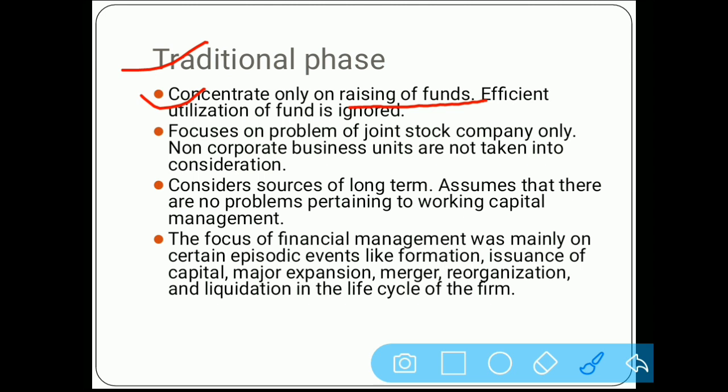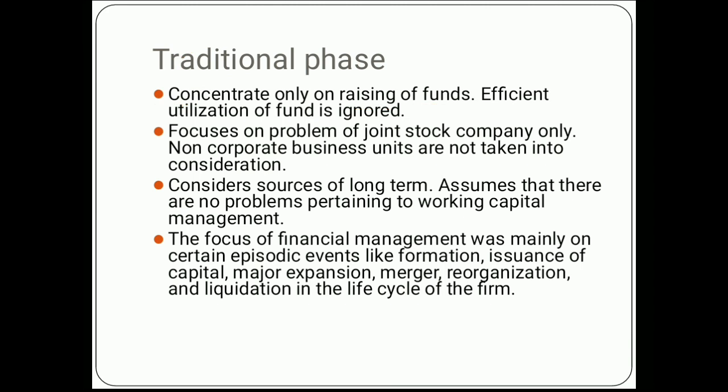Whatever amount was required by the company, they were collecting from the market, from different sources. That means they were collecting through shares, through banks, or from different personal sources. Only and only collection of funds was there.